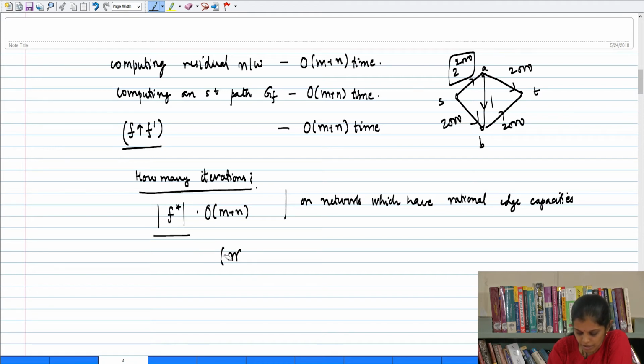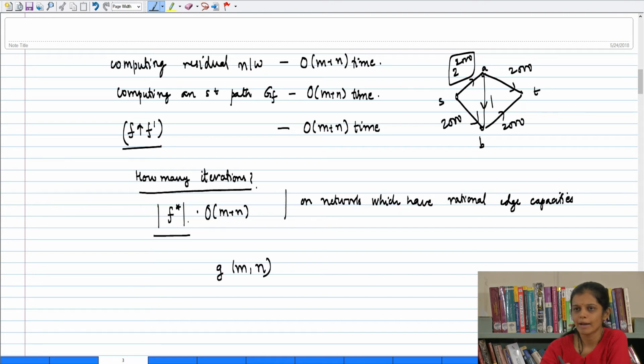So I should simply write g, some function of m and n. What are kinds of functions of m and n? Maybe m times n, m squared n, m n squared, n cubed is a function of m and n, but you cannot have something which is f star, that is the value of the flow, into m n.